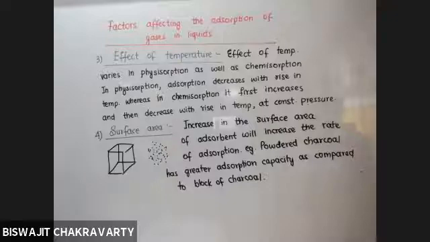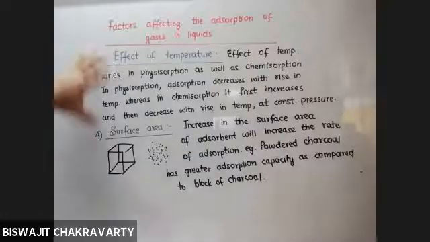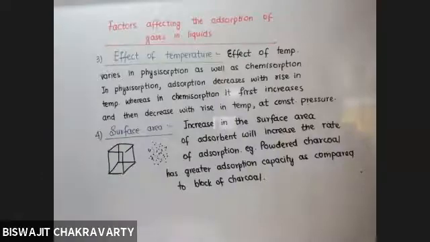When we talk about the effect of pressure, we need to keep the temperature constant, and if you keep the temperature constant, the graph that is obtained is called an isotherm. That we will discuss next class, but the topic will remain the same. That will be the fifth factor affecting the adsorption process.